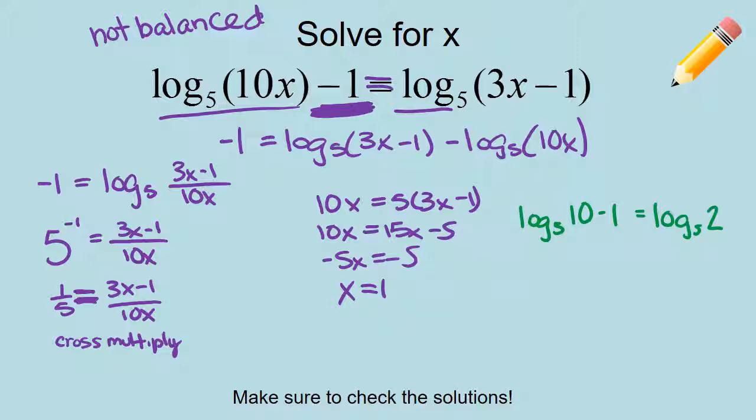So that gives me a crazy decimal on the left side, but that's okay. What matters is that I have the same crazy decimal on the right side. So I'm going to take log of 2 and divide by log of 5, and I conveniently get the exact same crazy decimal, and therefore I know I am correct.